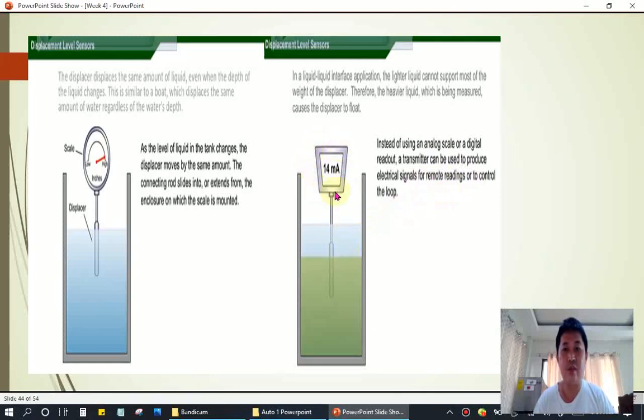So it can also be read by digital readings, converted into a digital or electrical signal by the transmitter, and read. Just like you can see here.